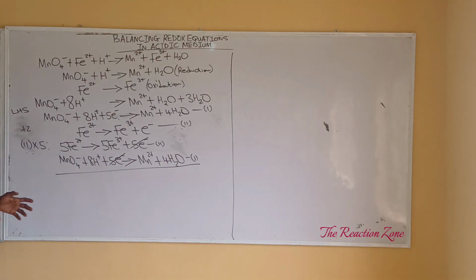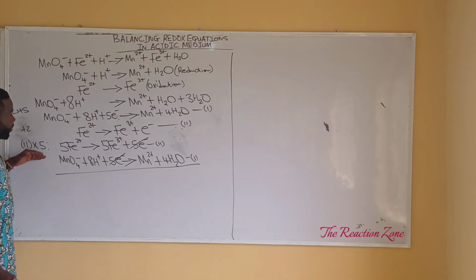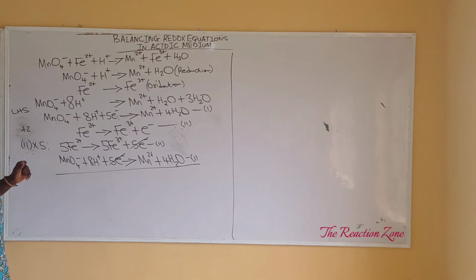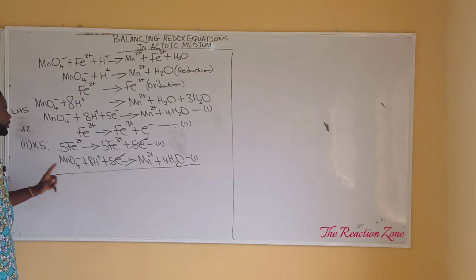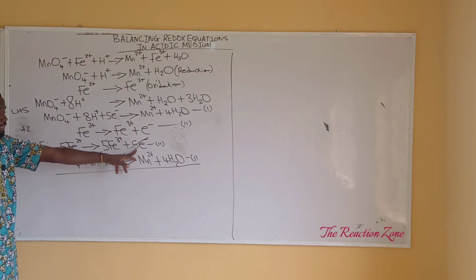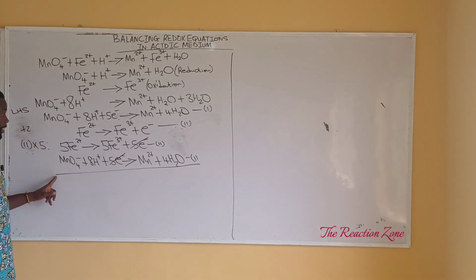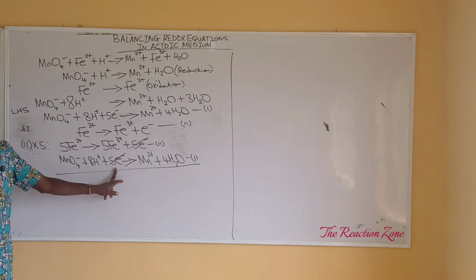Now, it is important for you to note something here. When you are trying to balance redox equations with the ion-electron method, and you get to the point where you have balanced the electrons in both equations, note that in equation 2, the electrons are on the right hand side, and in equation 1, they're on the left hand side.